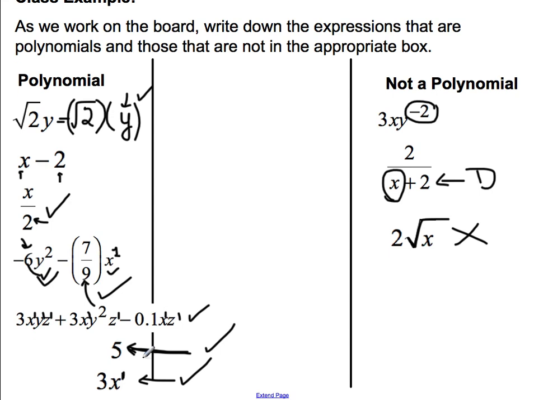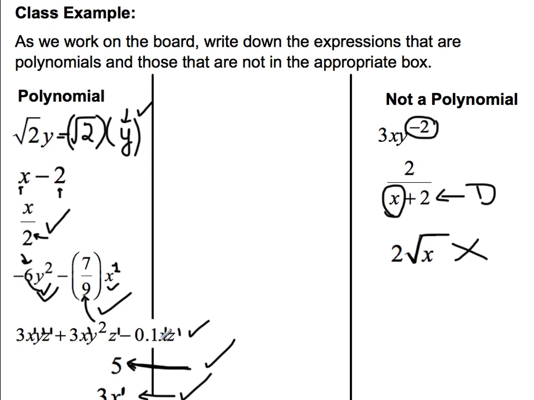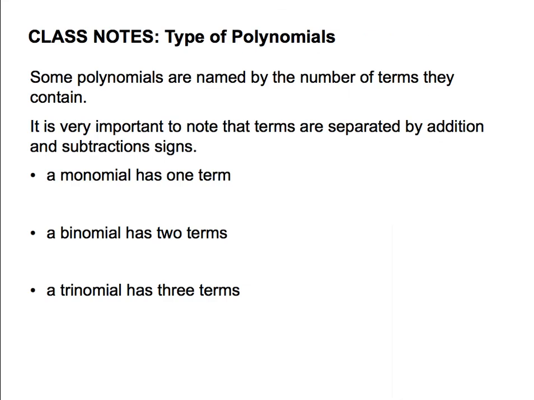On your exam, you will be expected to look at the 3 distractors and the 1 right answer, and be able to identify what a polynomial is. Now we have different types of polynomials, because remember we had to classify our polynomials. Some polynomials are named by the number of terms they contain.